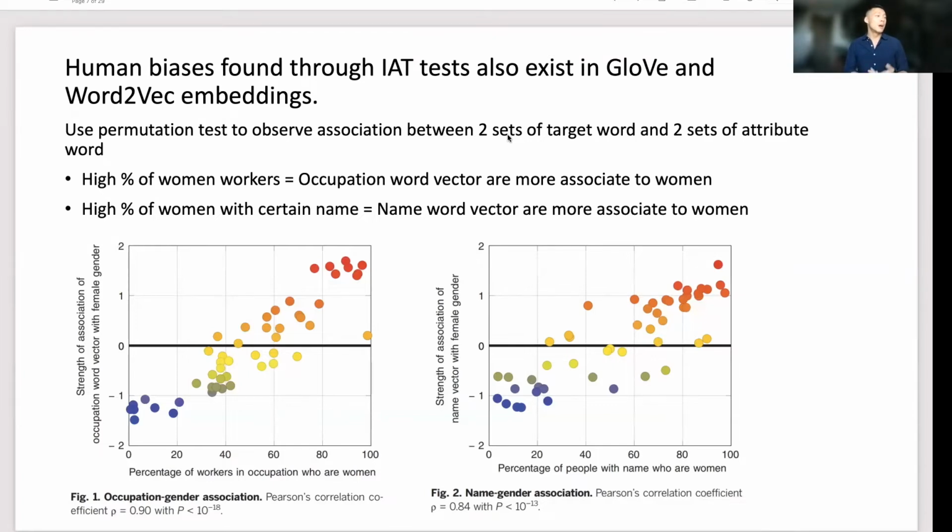Okay, so on the right, they do similar things, but they do it with names because it's pretty clear, right? It's very hard to find a male person whose name is say Susan or Mary or Linda.